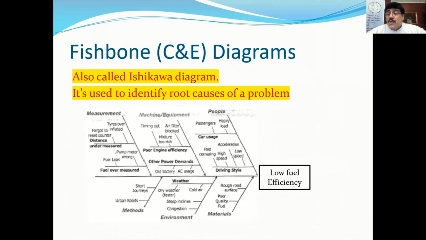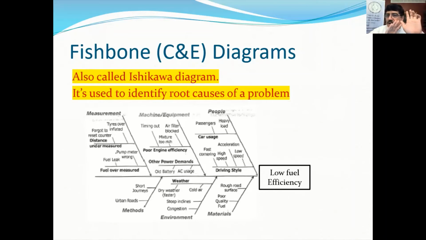The fishbone is also called cause and effect. If you're going for a green belt or a black belt, you need to know that fishbone is also called cause and effect, C&E, and also called Ishikawa. That's the scientist who came up with this. He said most of your problems will come from 5M, 6, or 7 main categories.